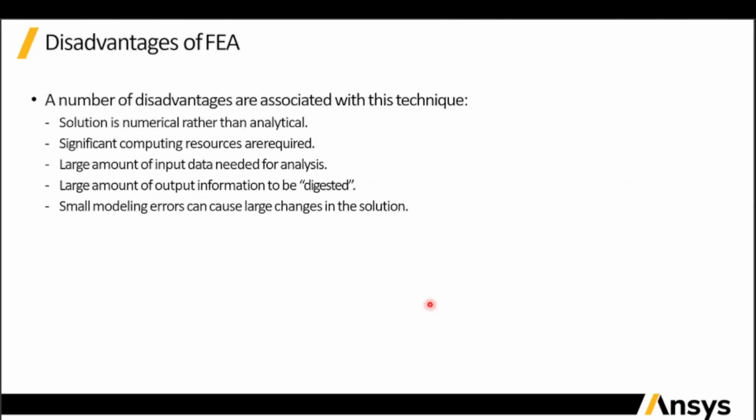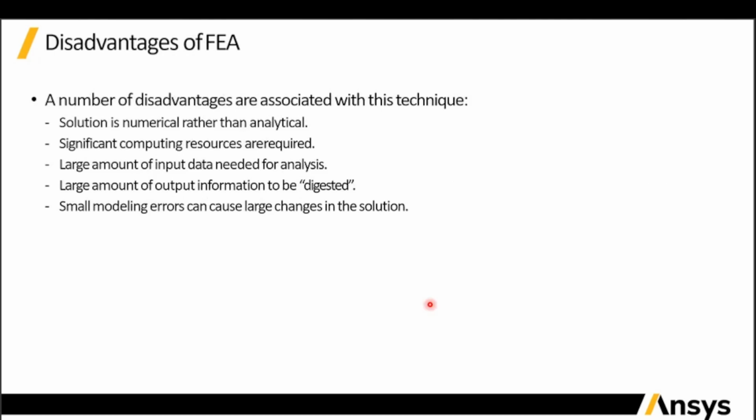Along with the advantages, there are a few disadvantages of FEA. The first disadvantage is that the solution is numerical rather than analytical. You know that numerical methods are approximate methods.